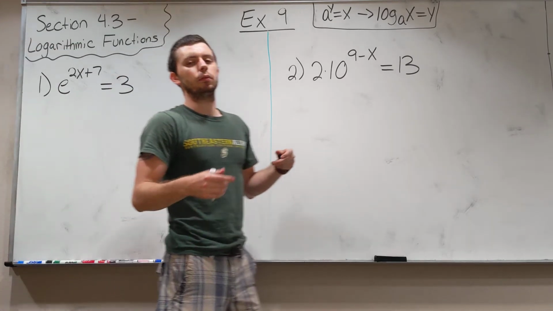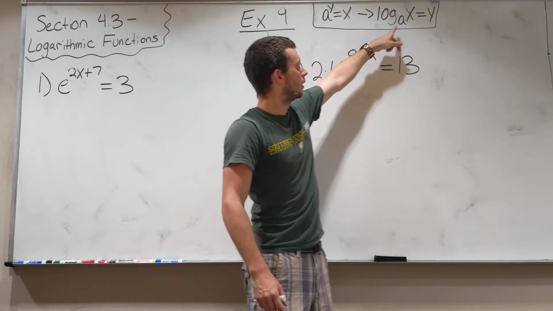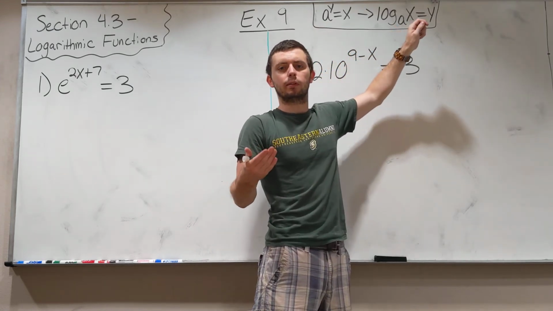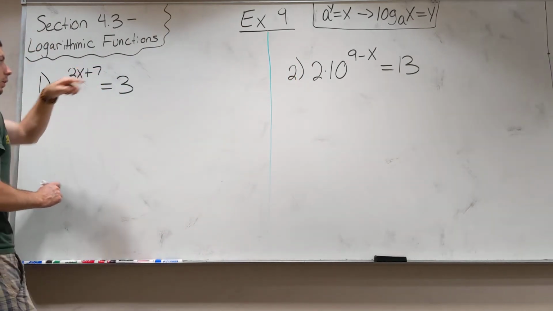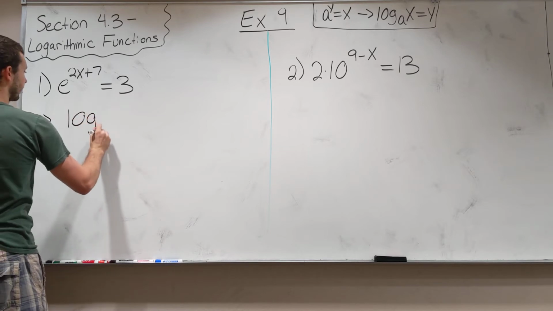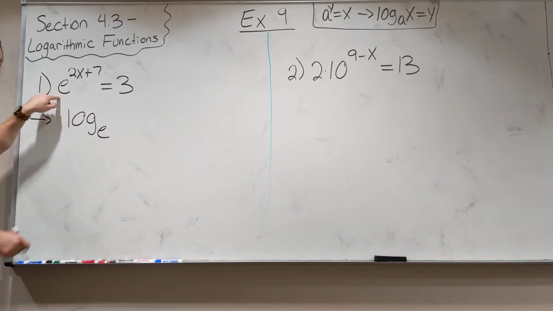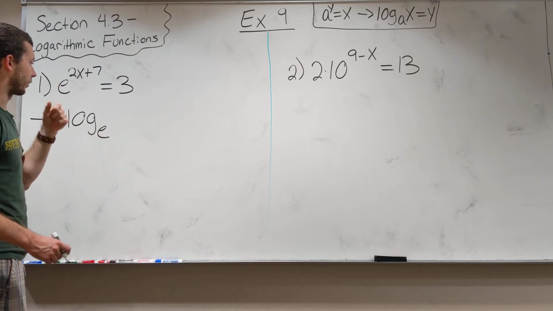One of the easier parts is knowing that the base of the exponent is legitimately translated as the base of the logarithm. So to go from here to the log, we have log base e. The base of the exponent is the base of the logarithm. And then what do we do next?